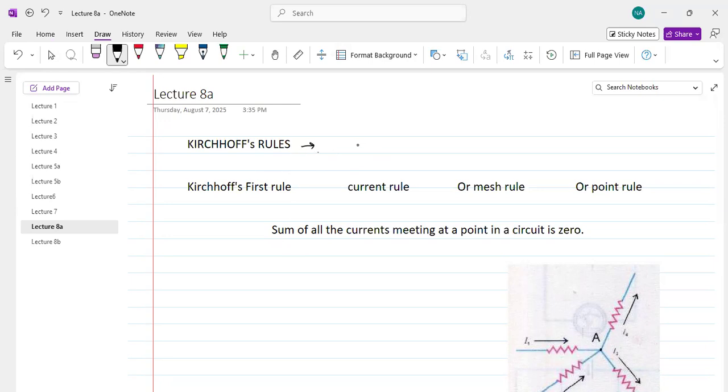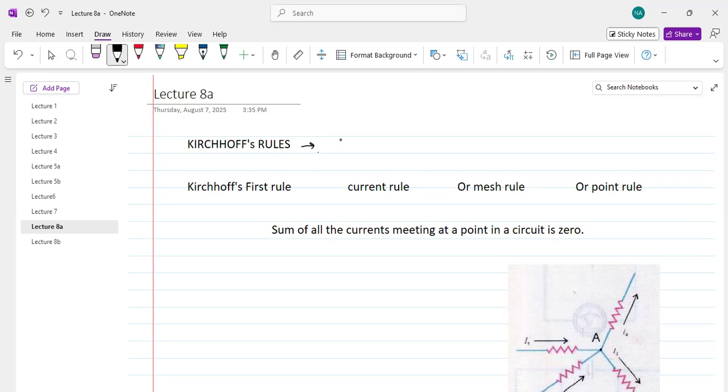are major because whenever we want to describe the current and voltages in a circuit, we have to analyze the circuit using circuit rules. There are usual circuit rules.